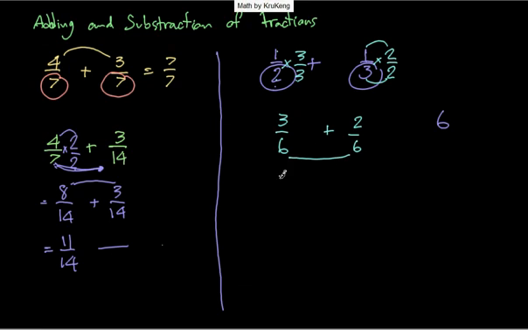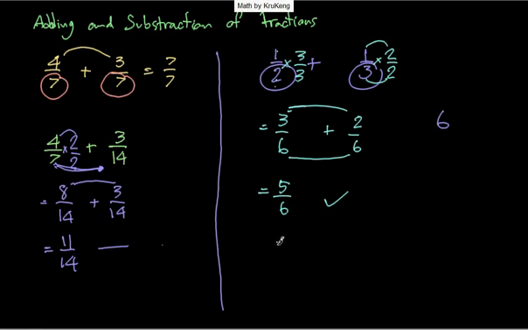Now we have the same denominator, and then we can just add each of them. 3 plus 2 is 5 and over 6. This is the answer. For the subtraction, we just do it the same way as we do in adding fractions.